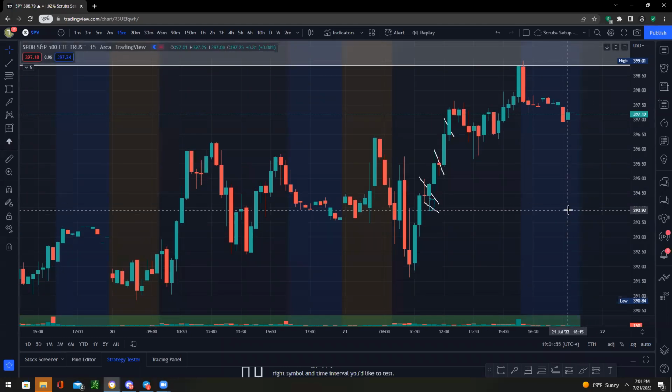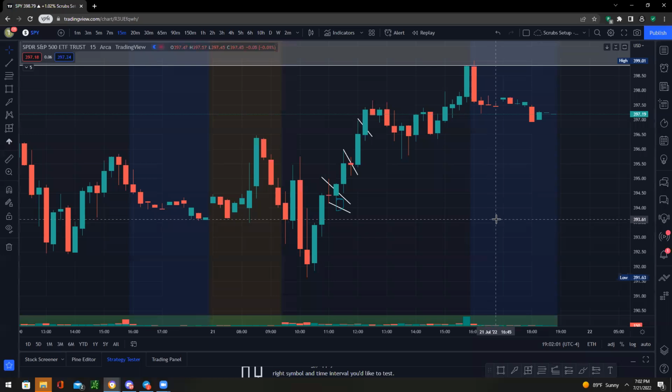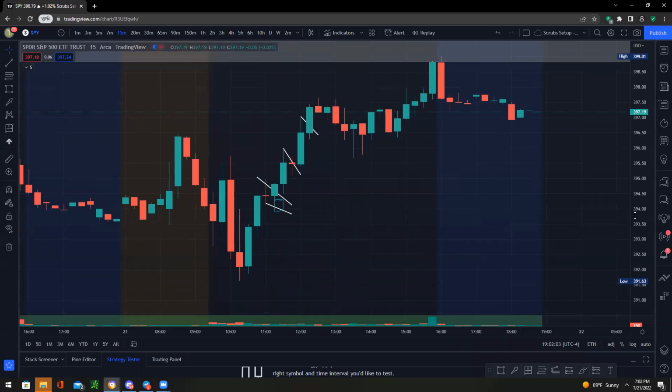It depends if we're in a range bound day, if we're in a clear trending day, if there's any market catalysts such as federal news, et cetera, and how much has already happened. For example, if you entered calls here and you're trying to enter more up here after it just ran an extra couple dollars, that doesn't make sense. You want to be taking profits there, not adding more to your position. So it really depends on a lot of different factors.